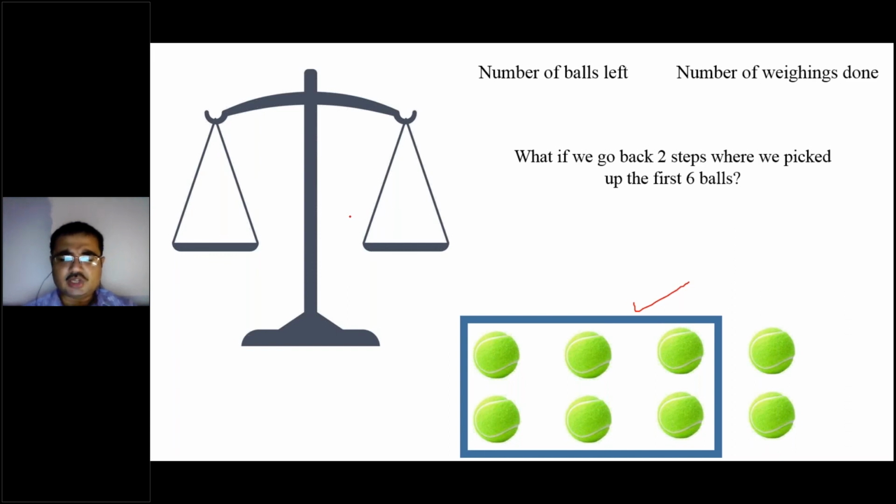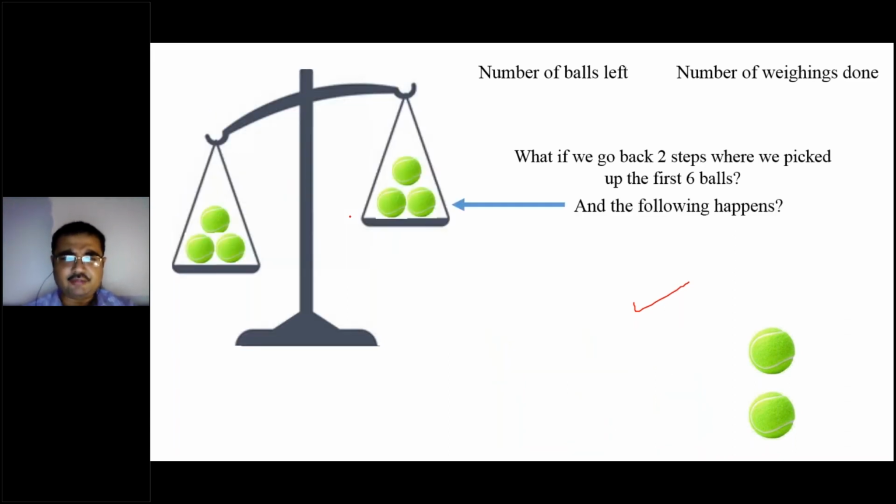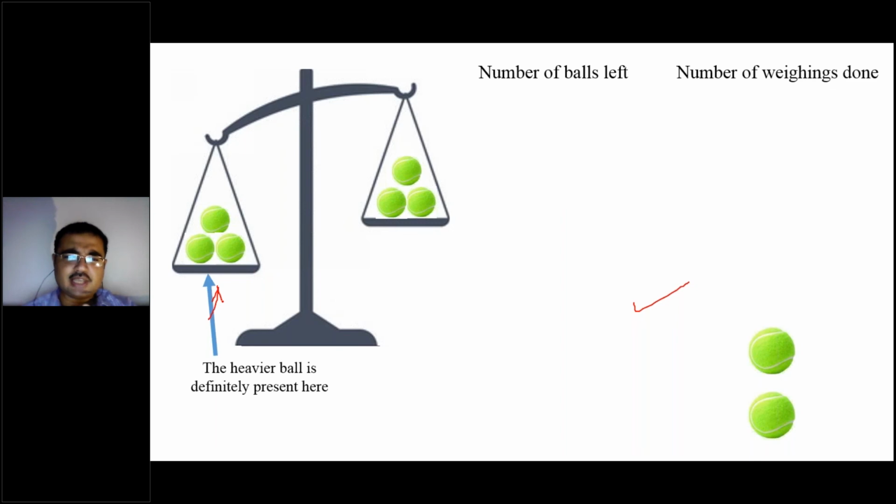If it does not happen that way, if one of these 3 balls turns out to be heavier, then you can say the heavier ball is present over here.